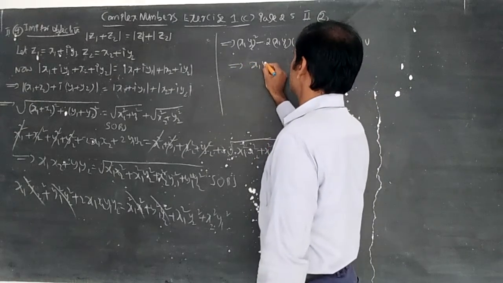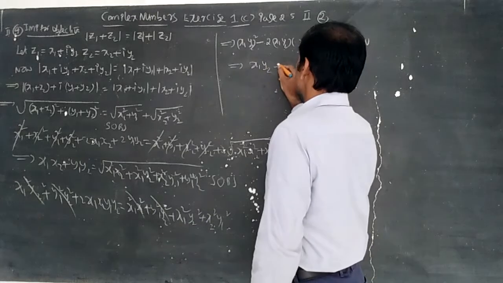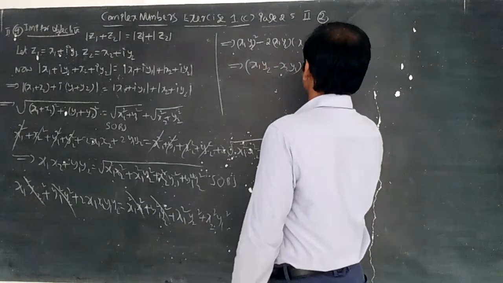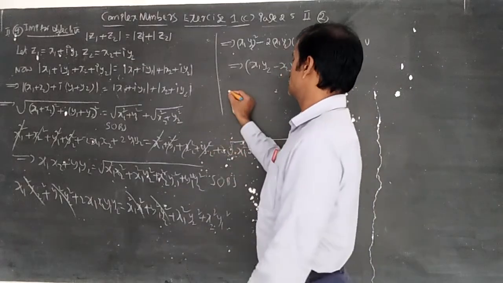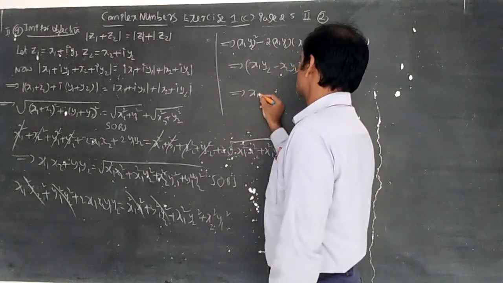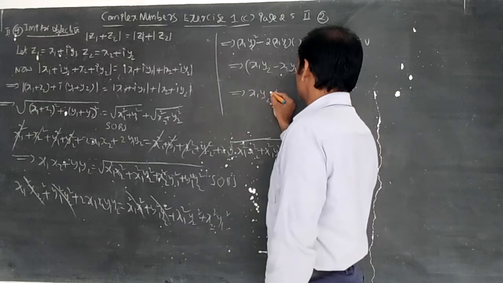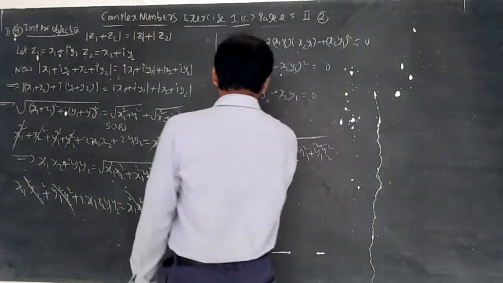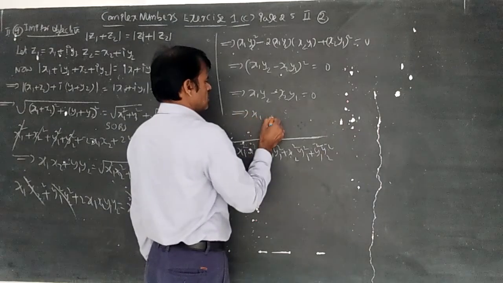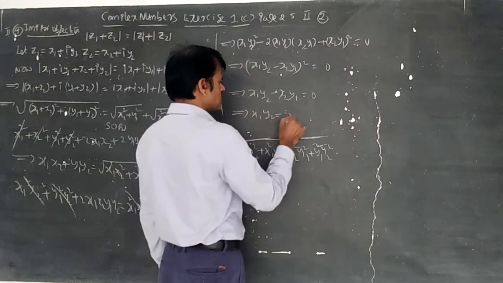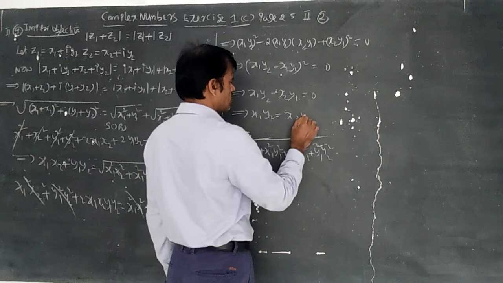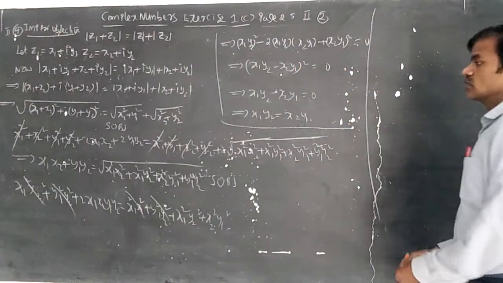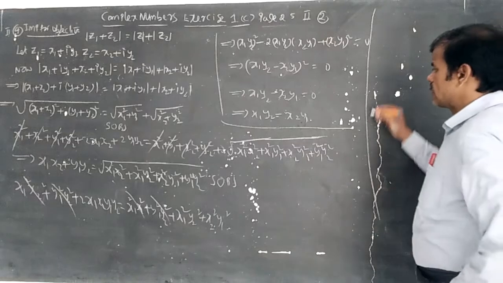So a minus b whole square concept: x1 y2 minus x2 y1 whole square equal to 0. That implies x1 y2 minus x2 y1 is equal to 0. That implies x1 y2 is equal to x2 y1.